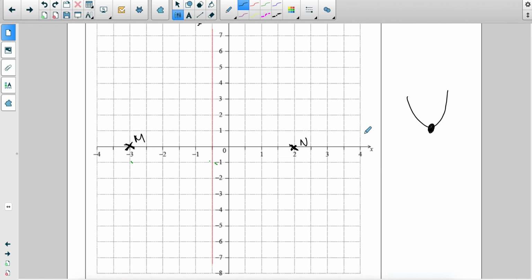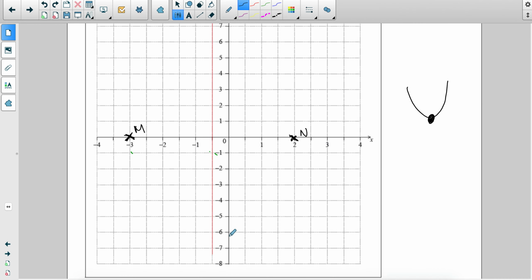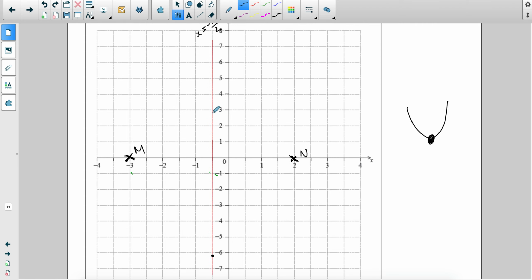So negative 6.25, somewhere quite close to negative 6, so somewhere here. And then you need to have a smooth curve to be able to get the points. It has to be a smooth curve. It has to go through your x-intercepts, and it has to go through the vertex.